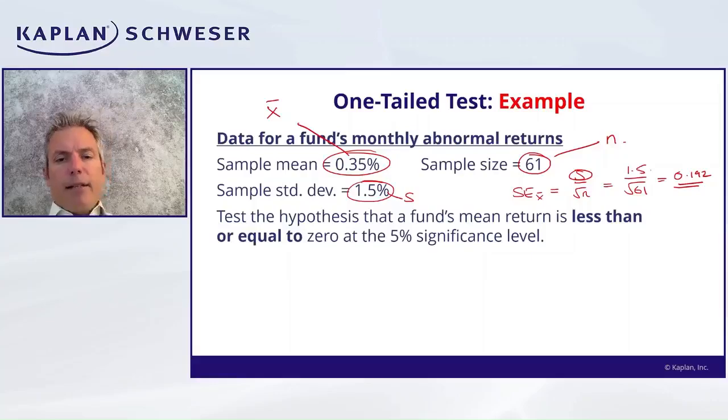Now you're being asked to test the hypothesis that a fund's mean return, and they must be referring to these abnormal returns, right? The fund's mean return level is less than or equal to 0 at the 5% significance level.